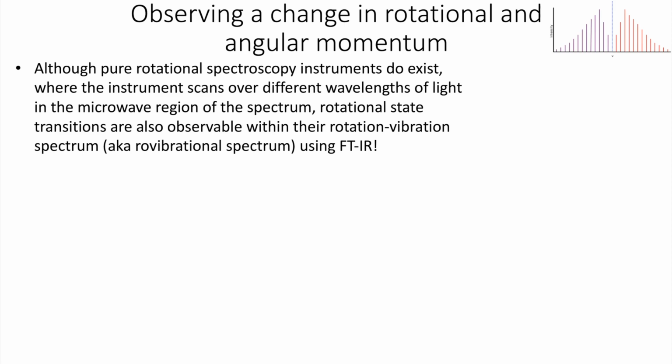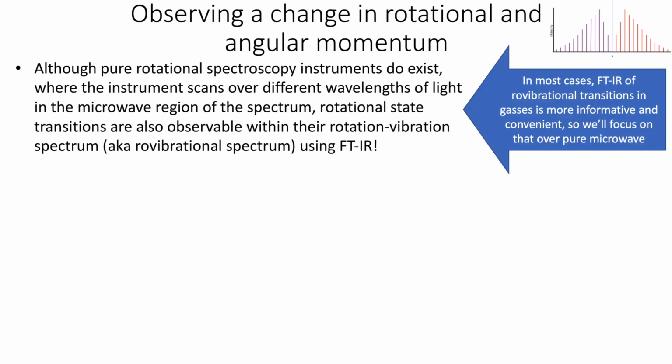So rather than saying this is vibrational or this is rotational, it's energy transitions due to both. And it turns out it's pretty easy to tease out the rotational contributions from the vibrational ones using this technique. In most cases, these FTIR measurements of rovibrational transitions in gases are both more informative and convenient than the pure microwave ones. So that's what we're going to focus the rest of our conversation on.